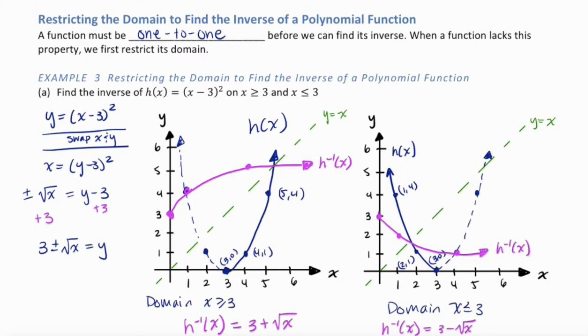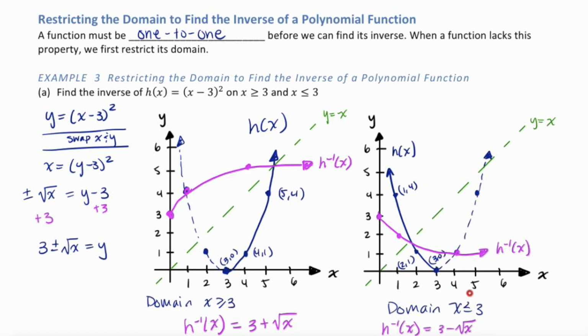Let's take a moment and see what happened. When we restrict to the domain x is greater than or equal to 3, we end up with this inverse function.